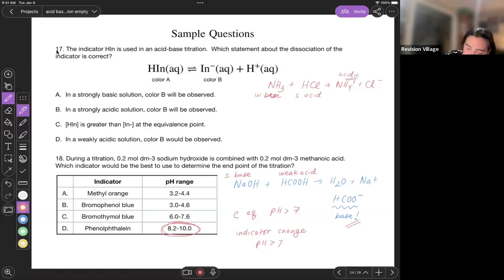So the equivalence point would be less than 7. And here I would be able to choose either one of these indicators. So I'm trying to match where the color change of the indicator happens to where the equivalence point of my titration is. So I have to answer 2 parts of that question. I hope that helps, Scarlett.